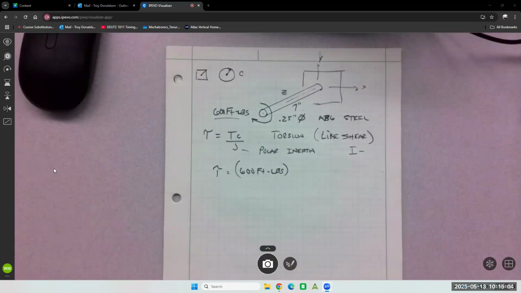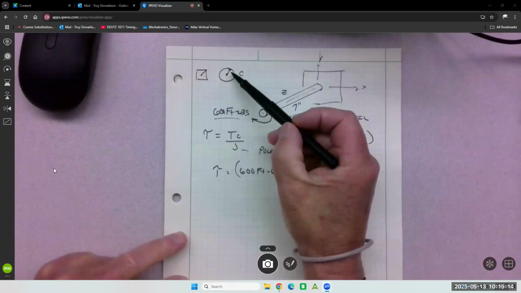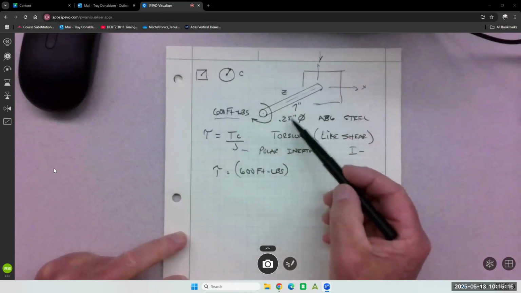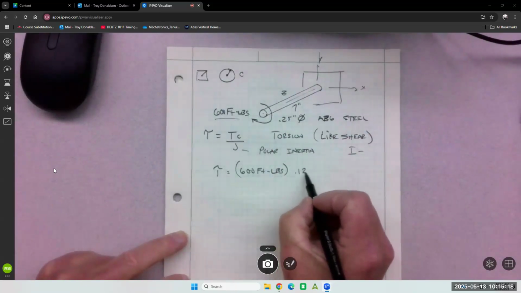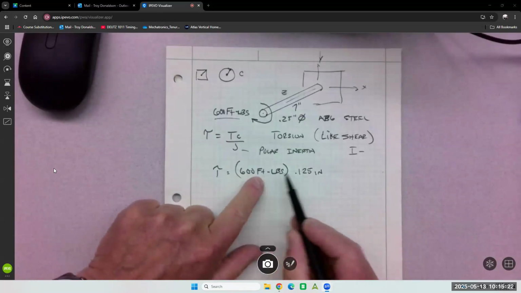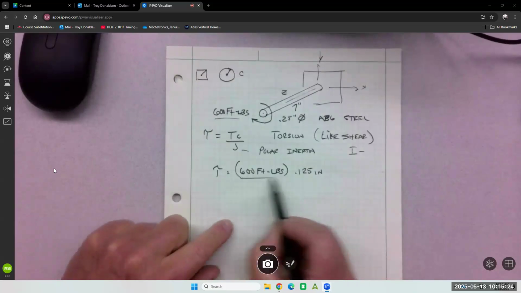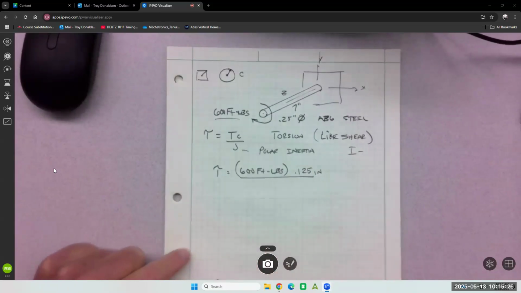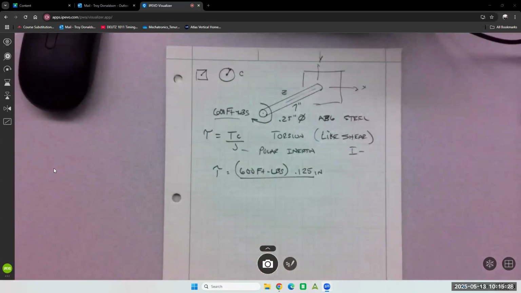We want the units to work out so we get that unit. If I put the torque in as 600 foot-pounds, what would C be? Half of the quarter, 0.125 inches. I already have a foot-inch issue. And then we put J in, and J is most likely going to be in inches.